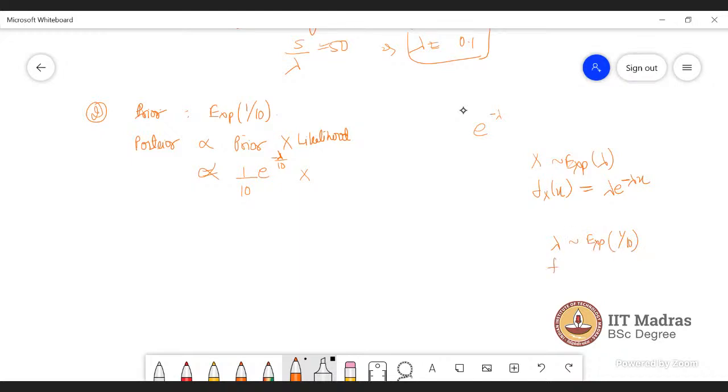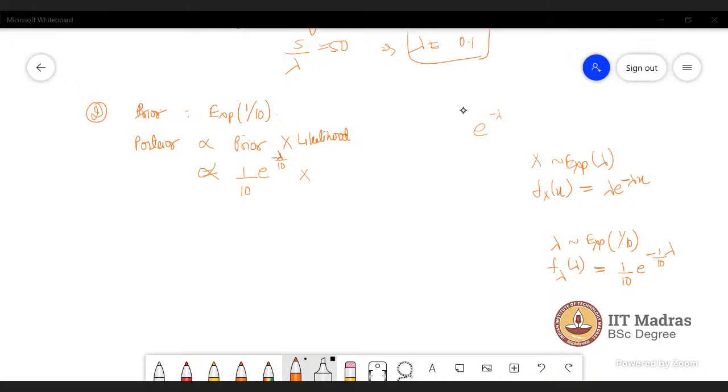So the distribution of this lambda is 1 upon 10 e to the power minus 1 upon 10 times lambda. Remember, lambda is a random variable. Okay, ma'am. Got it. Thank you.